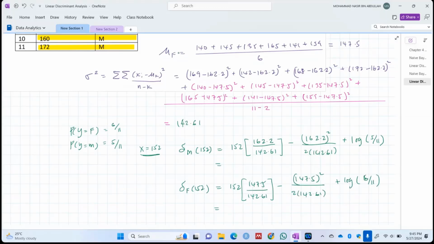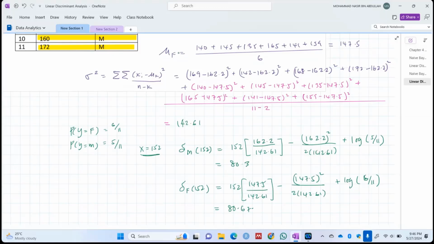Delta M, how much? 80.3. Then for female? 80.67.